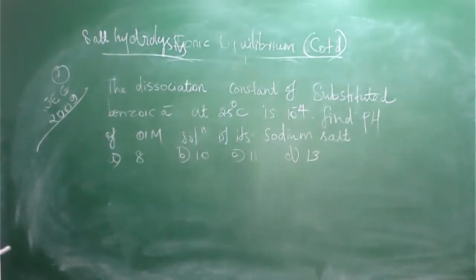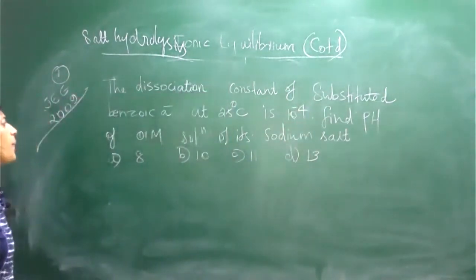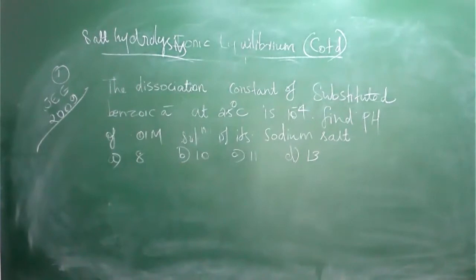The dissociation constant of substituted benzoic acid at 25 degrees Celsius is given as 10 to the power minus 4. Find the pH of 0.01 molar solution of its sodium salt. Tell me, students, is benzoic acid weak or strong?